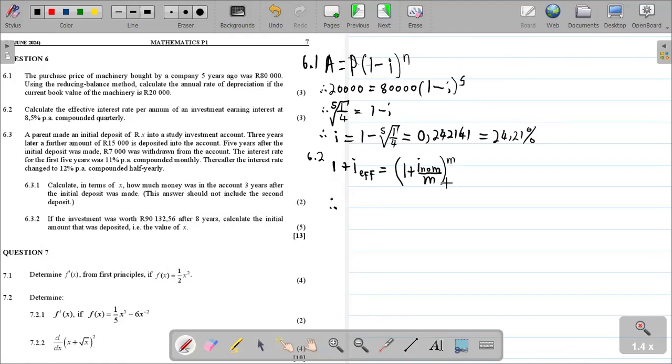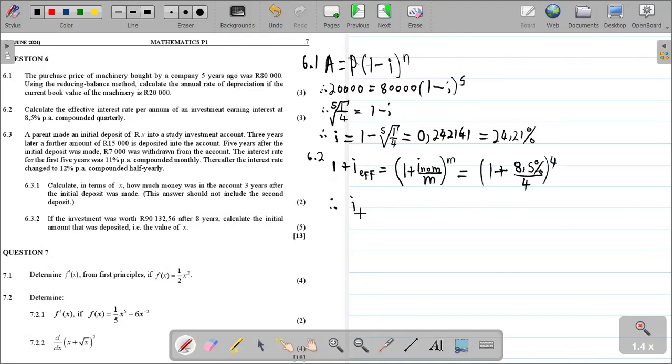So what we have here, we can substitute here. This is equal to 1 plus 8.5% divided by 4. This is quarterly. There are 4 quarters in a year. So if we want this, we have to take 1 the other side.